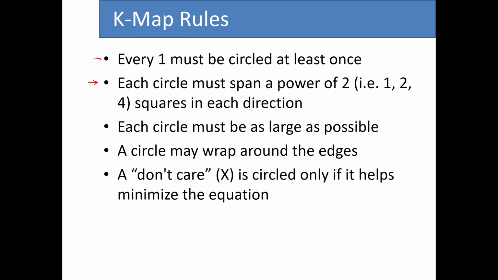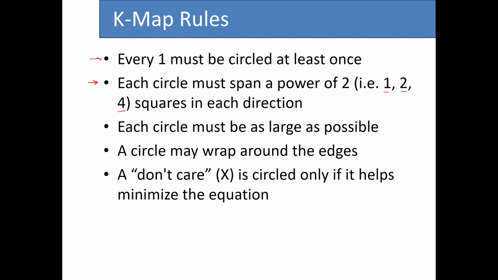That means that when you're grouping the ones in your Karnaugh map, the number of cells in each group should be a power of 2. So it can be either 1, 2, 4, 8, 16, 32.